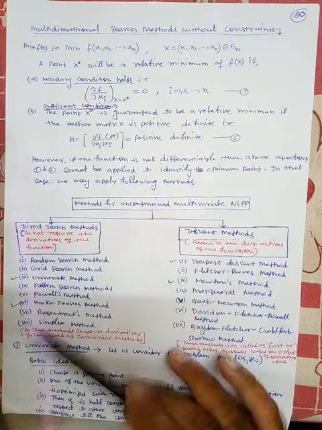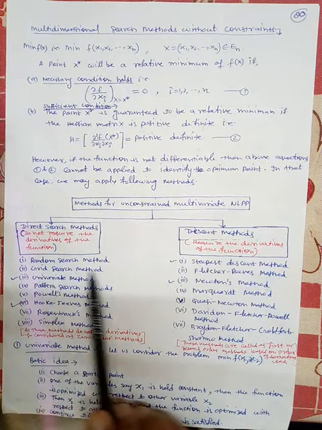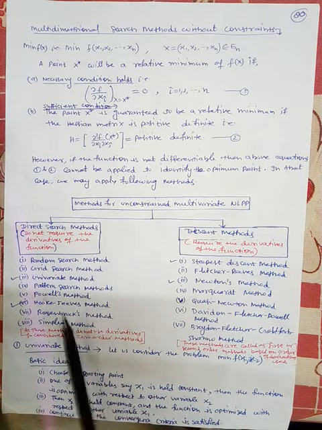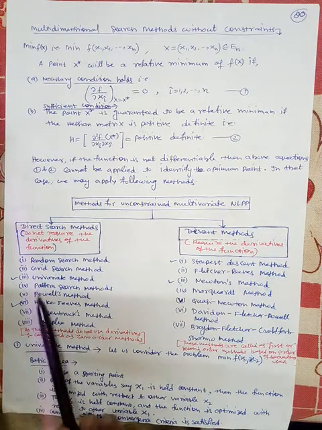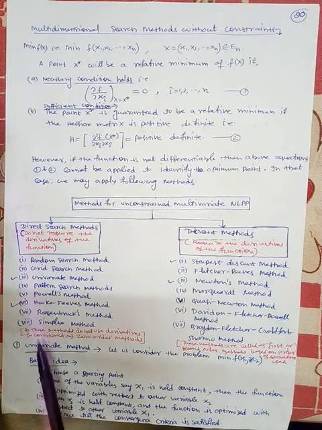In the direct category, we have these methods: random search method, grid search method, univariate method, pattern search methods, Powell's method, Hooke and Jeeves method, Rosenbrock method, and simplex method. These are the 8 methods.